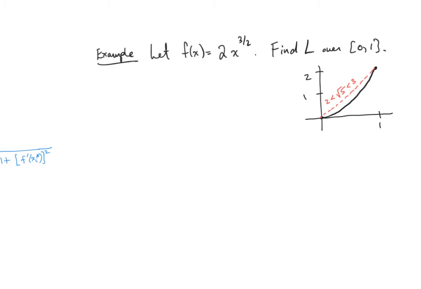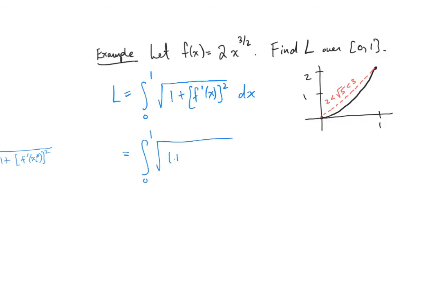So in order to calculate this arc length, we need to determine the derivative. So we know that the arc length is equal to the integral from 0 to 1 of the square root of 1 plus the derivative squared. So we need to find the derivative.